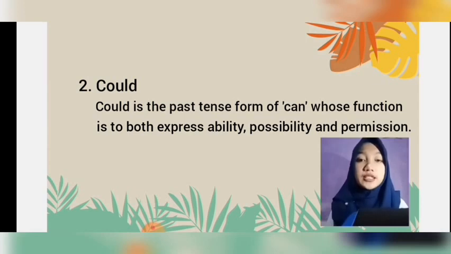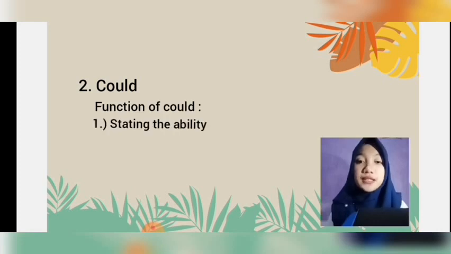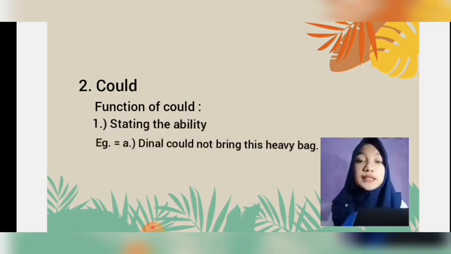In addition, we can use could to declare ability, possibility, and permission. The first function is stating the ability. For example, Dina could not bring this heavy bag. And another example, Kiki could come here if she wasn't busy.